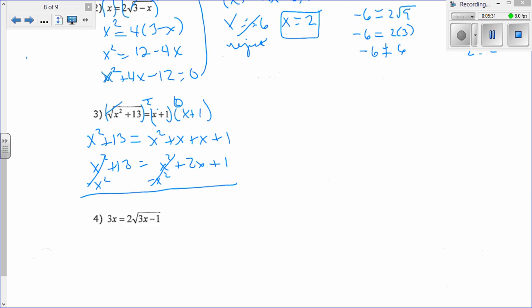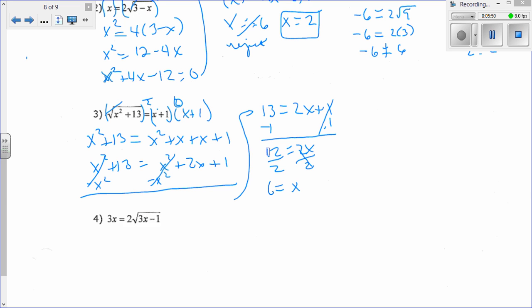So we have 13 equals 2x plus 1. Subtract 1. So 12 equals 2x. Divide by 2. x equals 6.